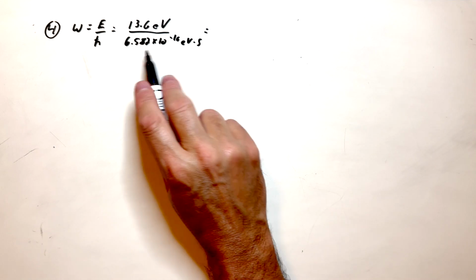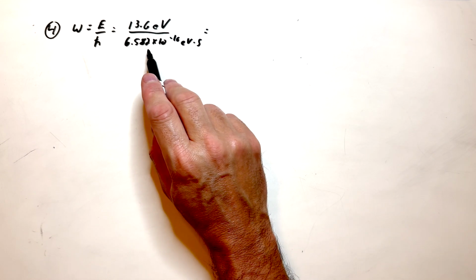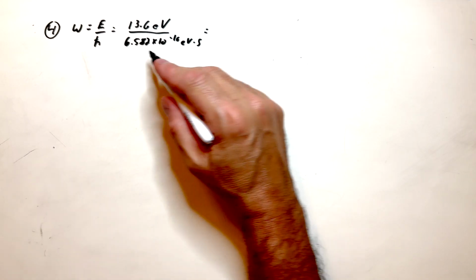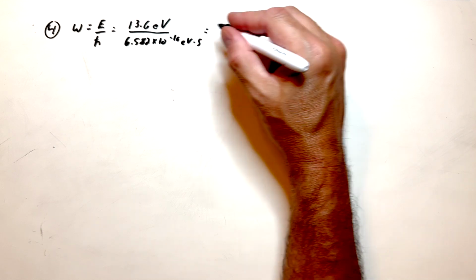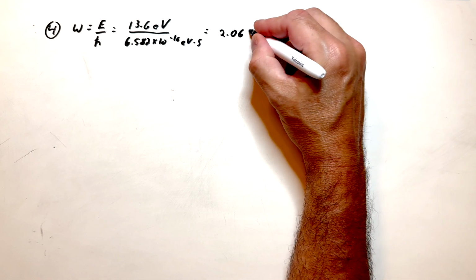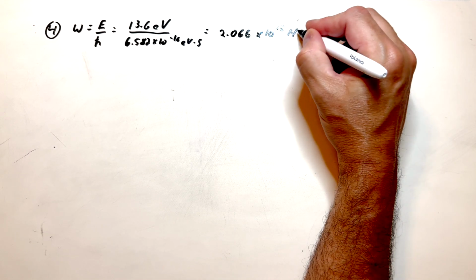Remember in class I converted electron volts to joules and used h bar in joules. Here we can use a more convenient unit that's got electron volts built right into it. We divide these two, what do we get? We get 2.066 times 10 to the 16 hertz.